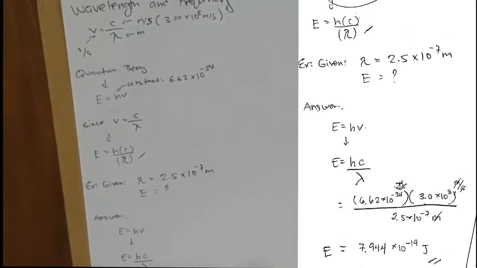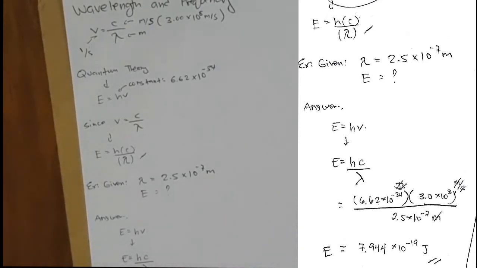So basically, the answer will be in joules, and in your quizzes or exams, you will be asked for the answer in other units. For example, I think electron volts, eV, and there are a couple of other units. We'll just post it in the description. Just memorize the conversion. But this is the basic way of doing it.